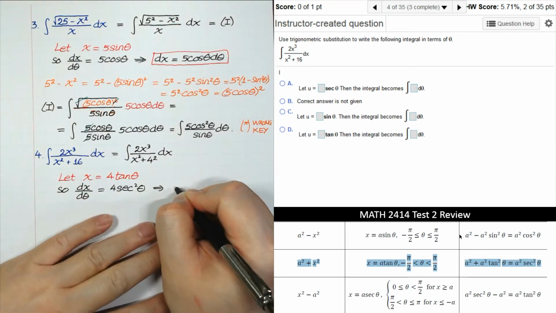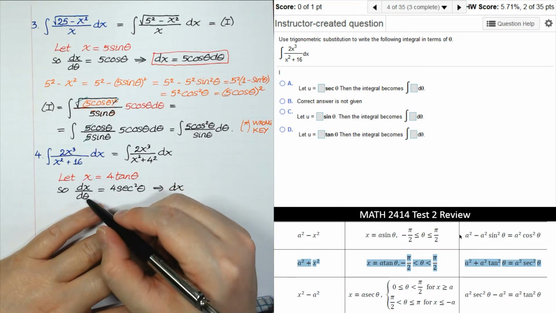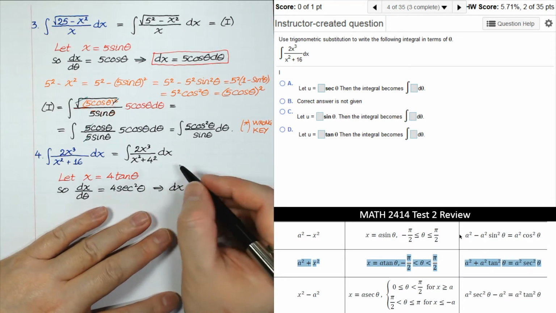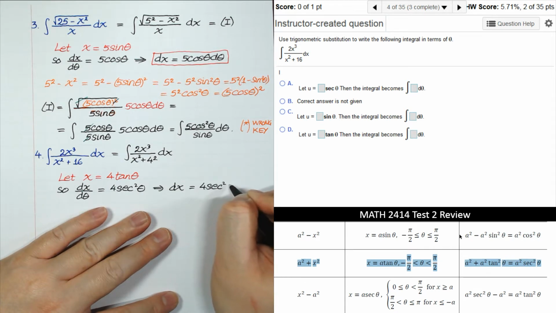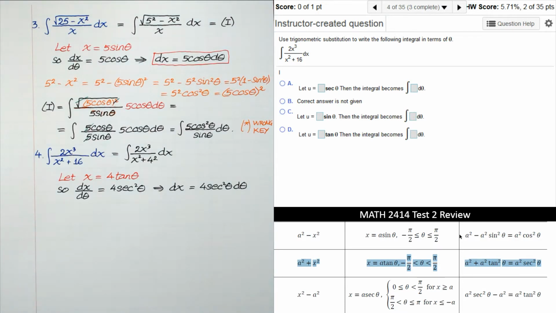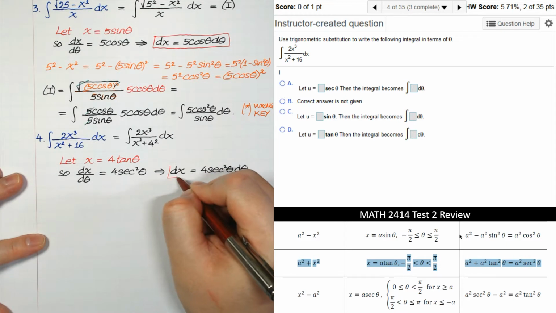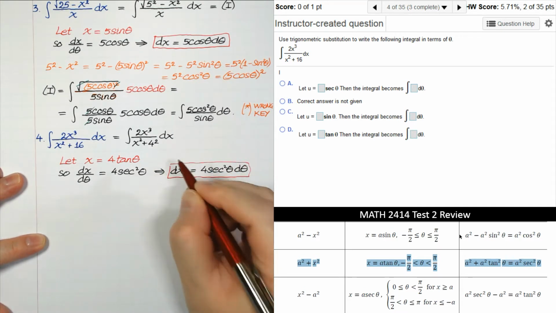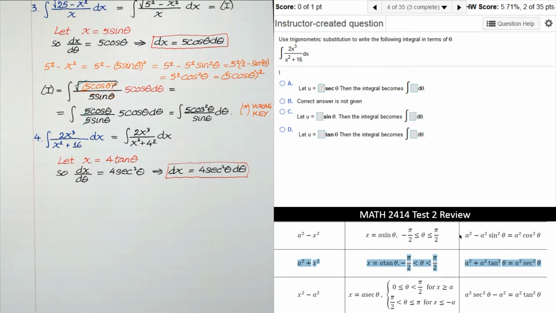Move the d theta over, so that is dx. And now we put everything back into our problem. What do we have?